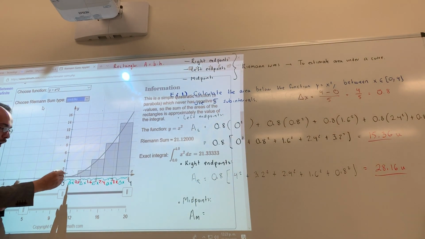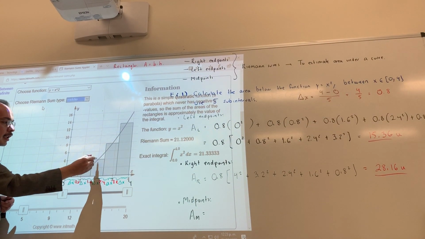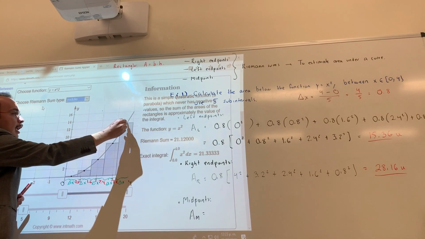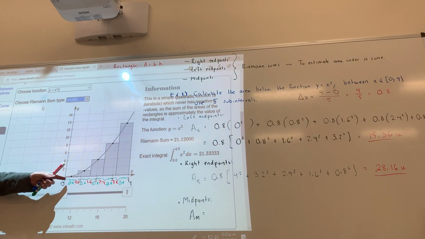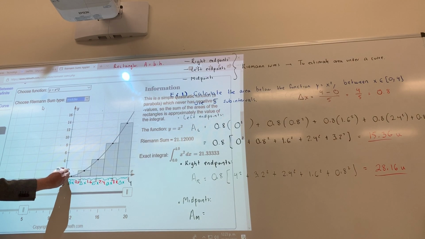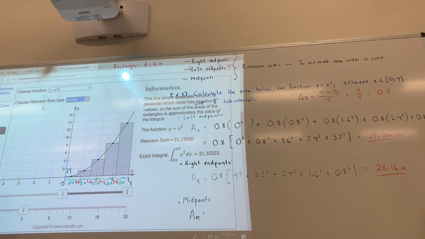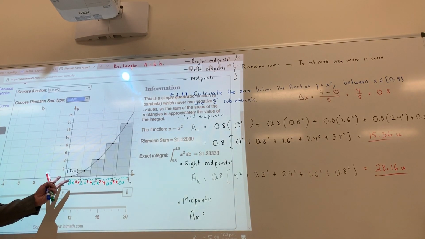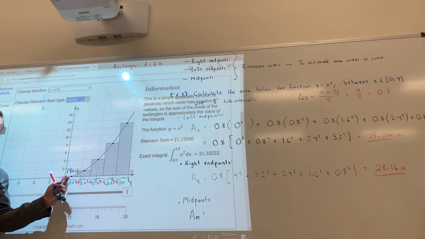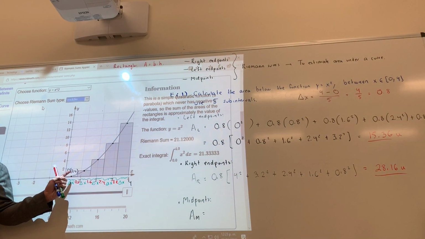So now it's going to be this one, this one, this one, this one, and that one. For example, the midpoint of the first rectangle is going to be f of what? 0.4. Why 0.4? Because the base here is 0.8, so the midpoint is half of that.